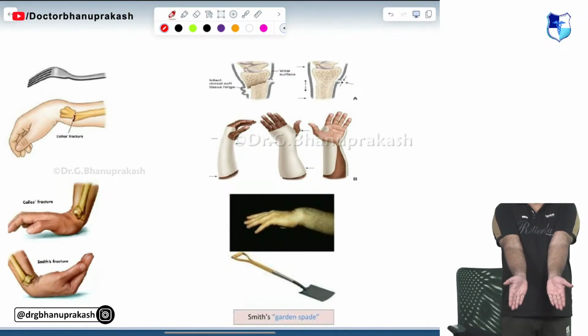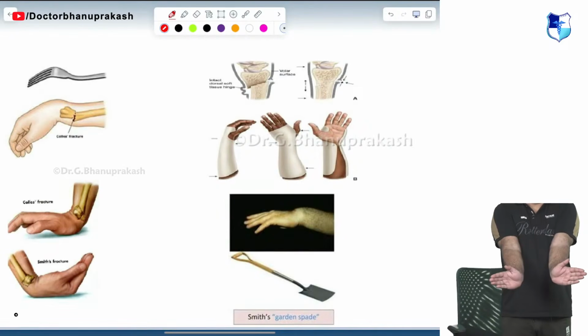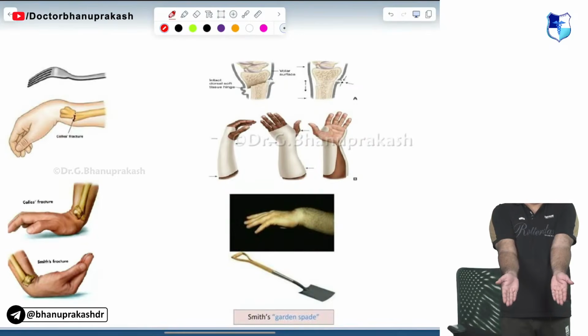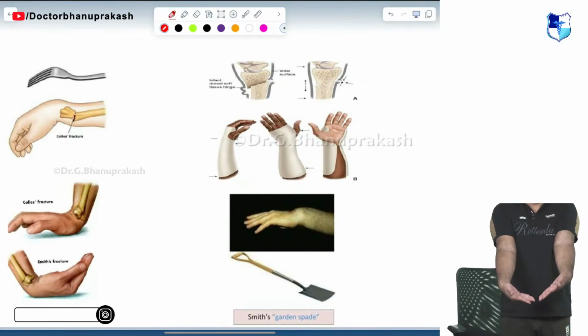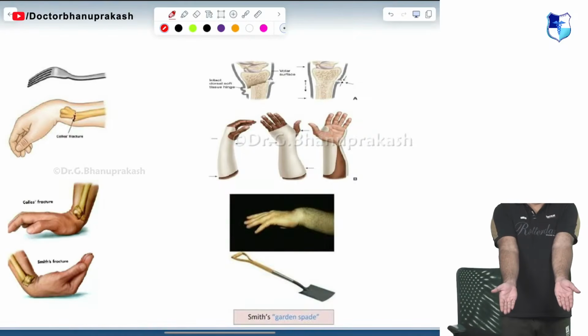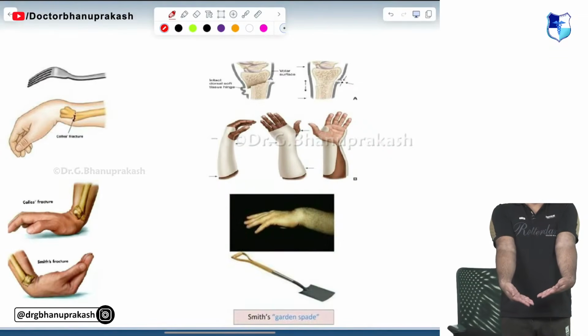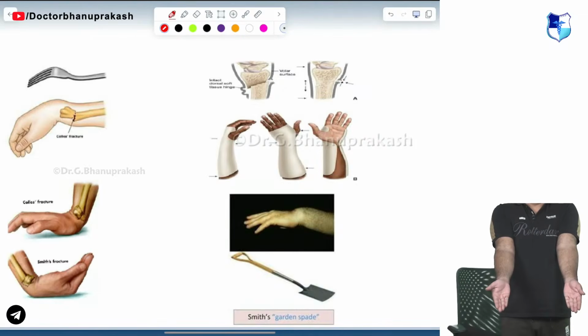If I shift to the inner side, this is medial angulation. Neutral, lateral, neutral, medial.